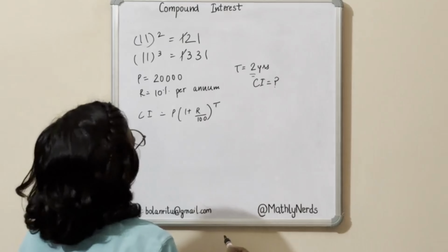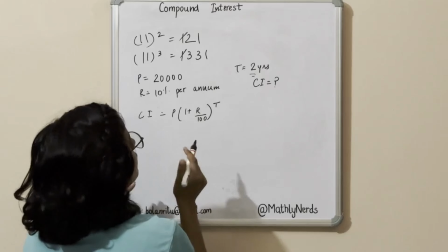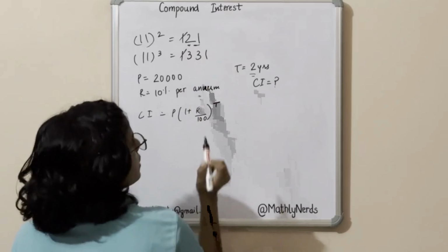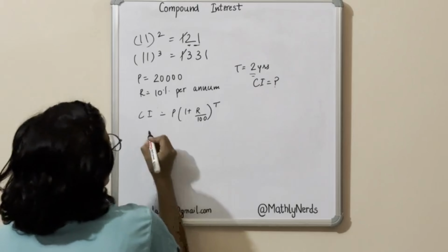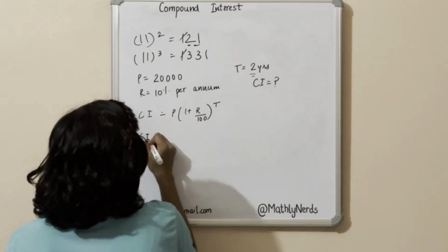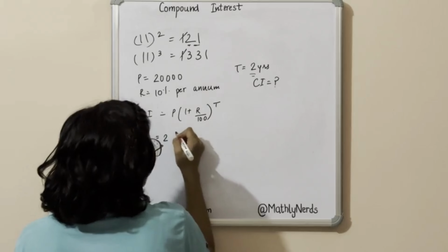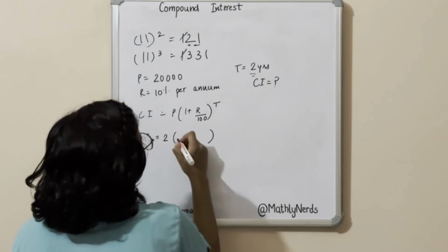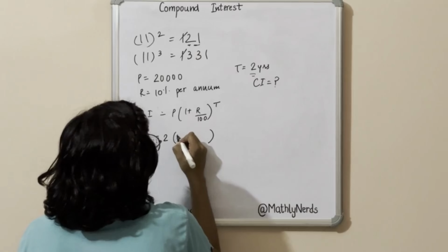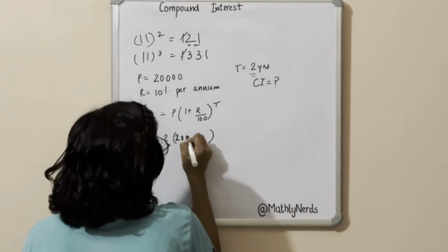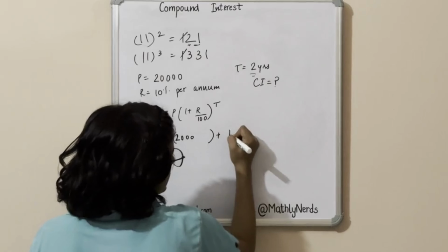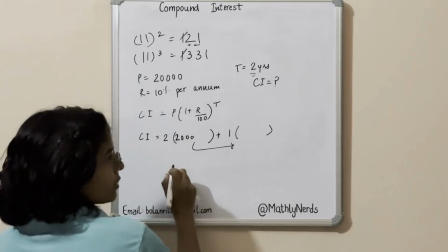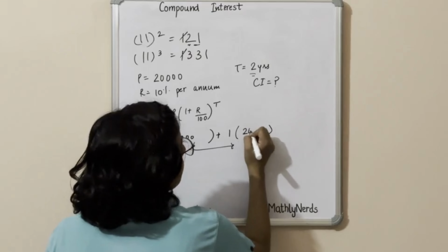So what is our trick? What is the time span? This is 2 years. So we will use 11 square and only these two parts, 2 and 1. So your CI will be 2 times 10% of 20,000, that is 2,000, plus 1 into 10% of this 2,000, that will be 200.